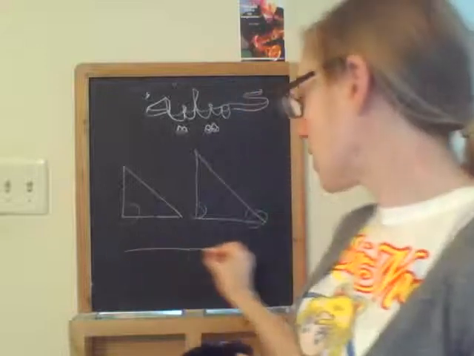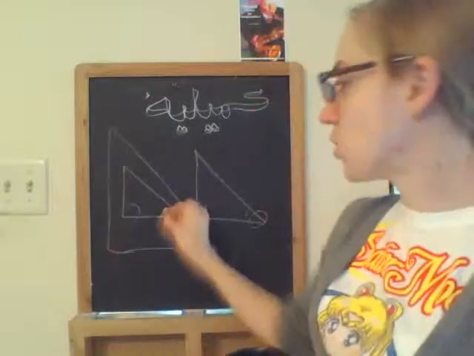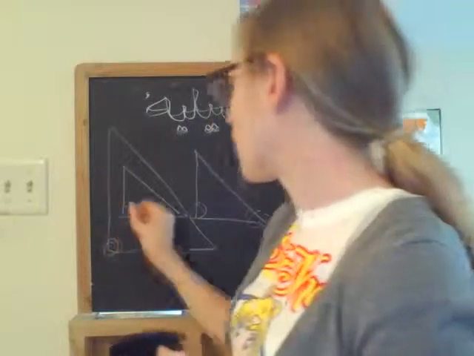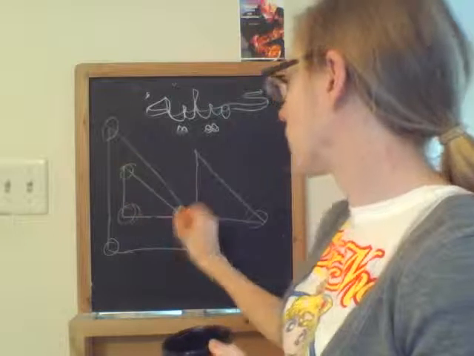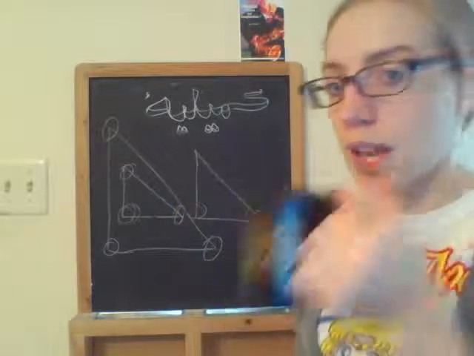We can have a length here and create this here. And basically, these two triangles are similar just because of their vertices here, here, and here being established as congruent angles and sides.